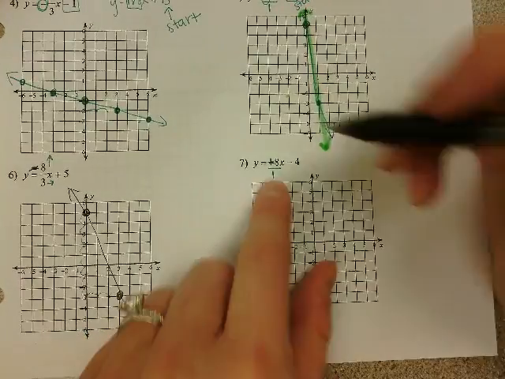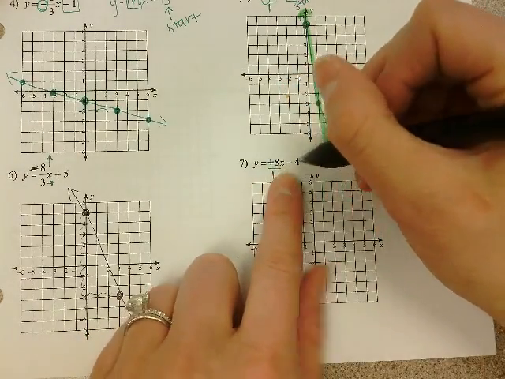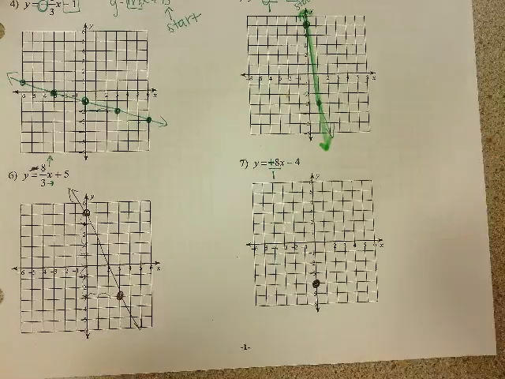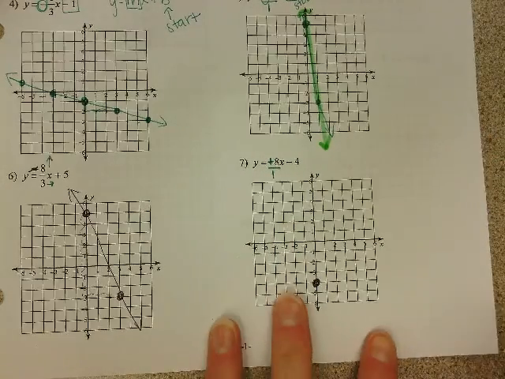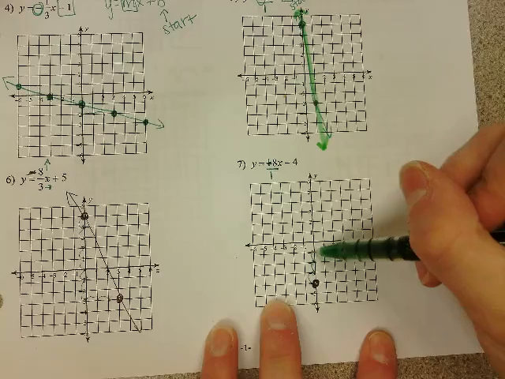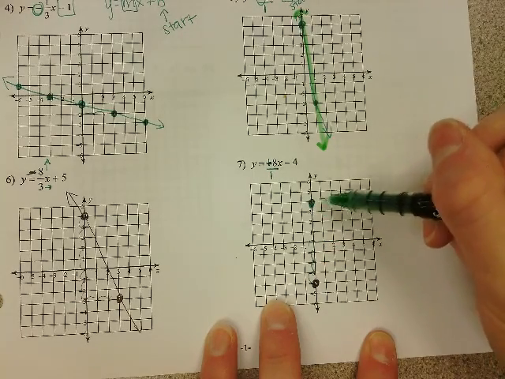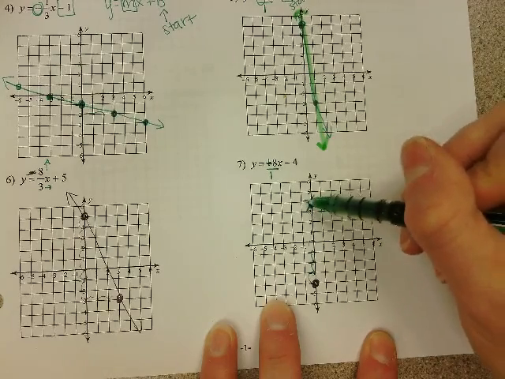All right, next one we changed to positive, so I start at negative 4. Go up 8, perfect. Over 1, so I'm going to go 1, 2, 3, 4, 5, 6, 7, 8. And then, oh, whoops, right 1. Don't look at that.